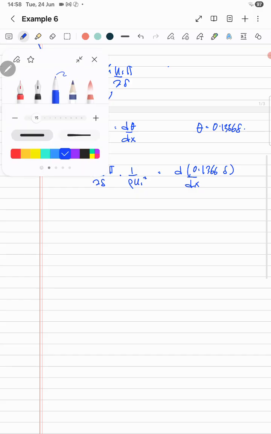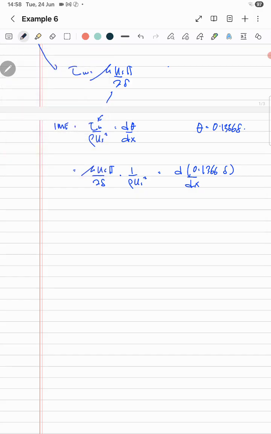So we can make it simpler. This one we can cancel. So the rest we have μπ over 2δρU∞ equal to d/dx of 0.1366δ.